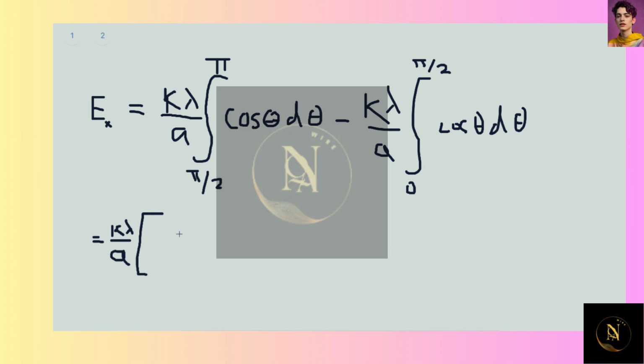So we can write here sine theta evaluated from pi over 2 to pi. And then we want to subtract the same thing, but now with different bounds, 0 to pi over 2.